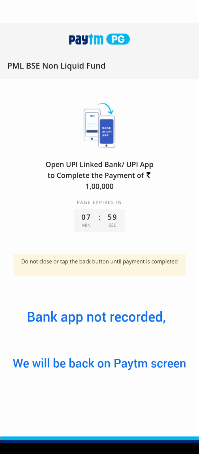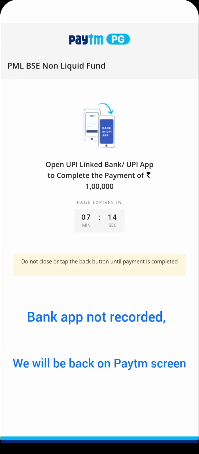Okay, it says your transaction amount is exceeding the daily limit of 1 lakh, because in the morning I did a 50k transaction. Maybe that's the reason it is asking, but I think I need to check with the bank how can I increase that, because in coming videos, in coming days, I'll try to make higher amount investment. So we'll go back again.